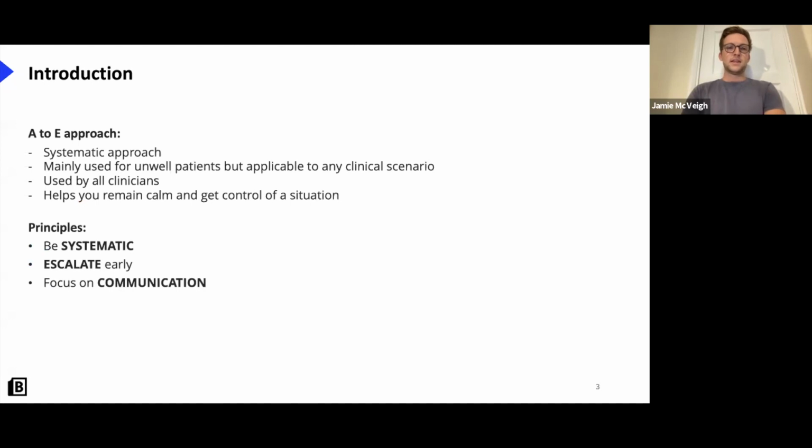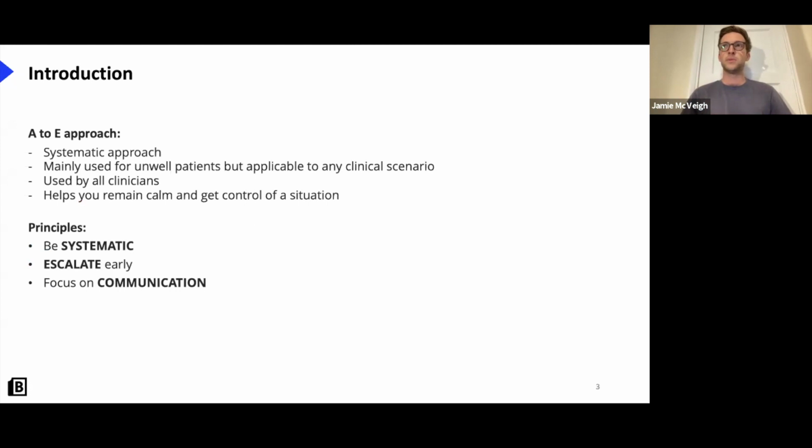So the A to E approach, why is it important? Well, it's a systematic approach, which is vital in an acute setting to ensure that stuff isn't missed, to ensure that you have a very broad range of things that you're analysing. It's used particularly for unwell patients in hospitals, but it can be used in any clinical scenario.